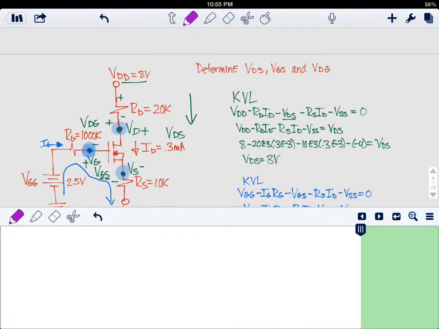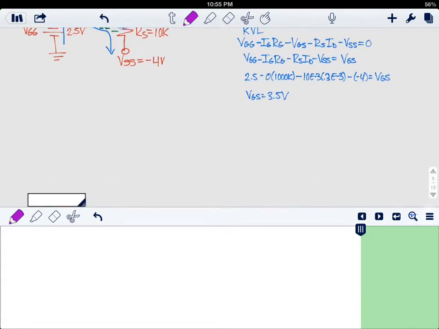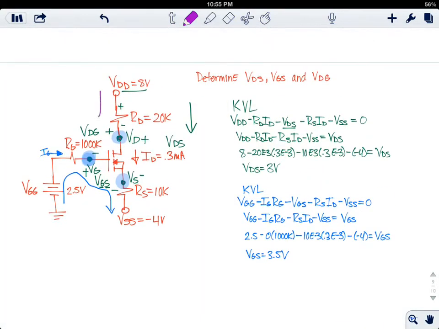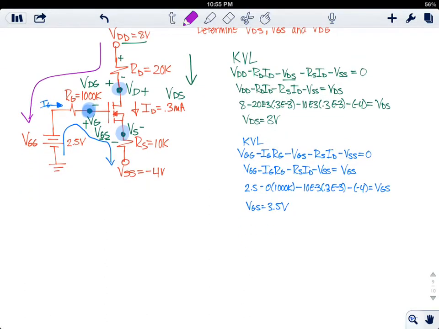we're going to do a KVL, starting here and ending at ground.